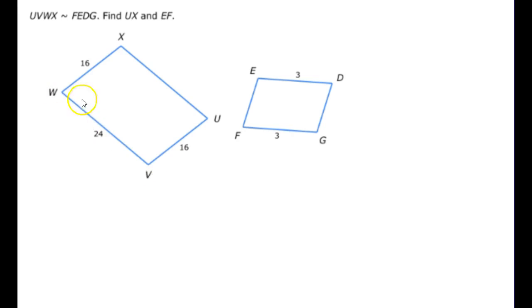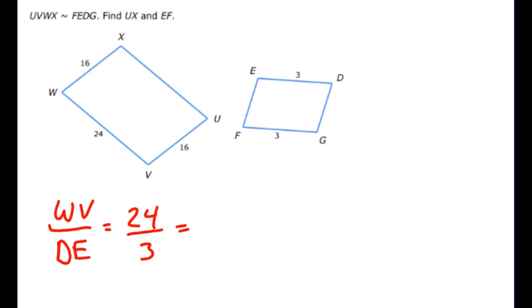We can compare VW to ED because those are corresponding sides. So if we compare WV to DE, put those side lengths in, 24 compared to 3 simplifies to 8. So the ratio of the side lengths is equal to 8.